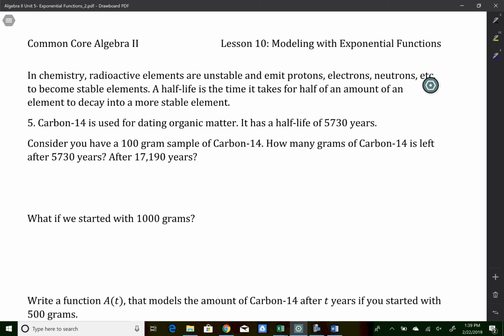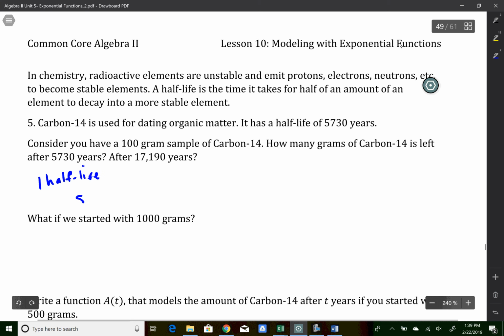5,730 years? So if it's half the life, right, so we could say 1 half-life is going to be 50 grams of this carbon-14. How many half-lives is 17,190? So that'll be 3 half-lives. So what we're saying is we're starting with 100, dividing it by 2 and getting 50.